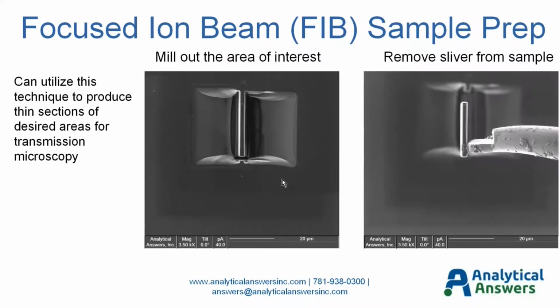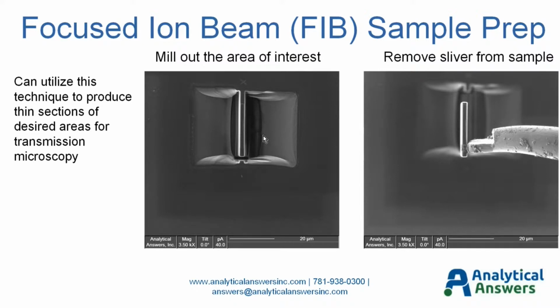And we can adapt that to a transmission experiment through the following process. What I've shown here at the left side image is just a top-down view of a sample in which we've made two of these wedge-shaped cuts. We've left this very thin sliver of material between those two craters.